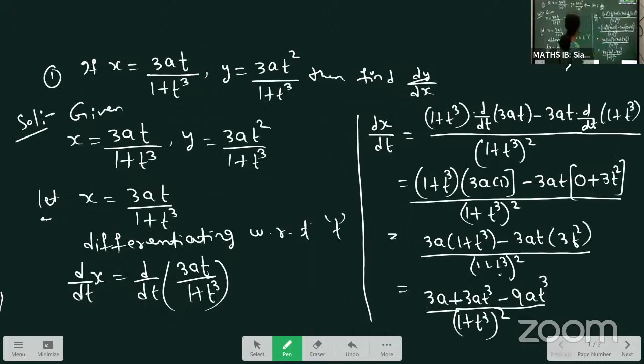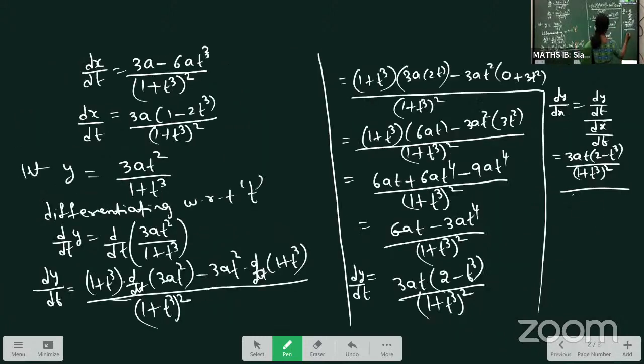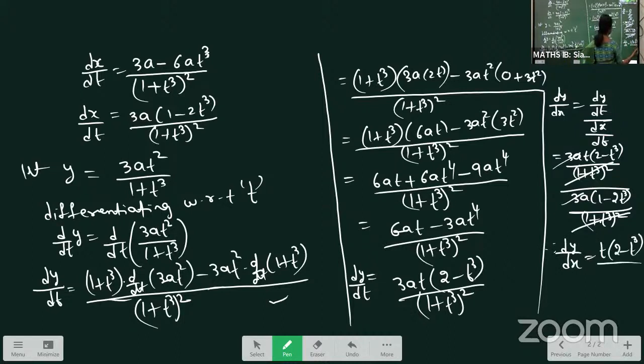How much we got? dx by dt value is 3a into (1 minus 2t cube) by (1 plus t cube) whole square. Any cancellation? (1 plus t cube) whole square and (1 plus t cube) whole square cancel, and 3a cancel. Therefore, the result is dy by dx is equals to t into (2 minus t cube) by (1 minus 2t cube).